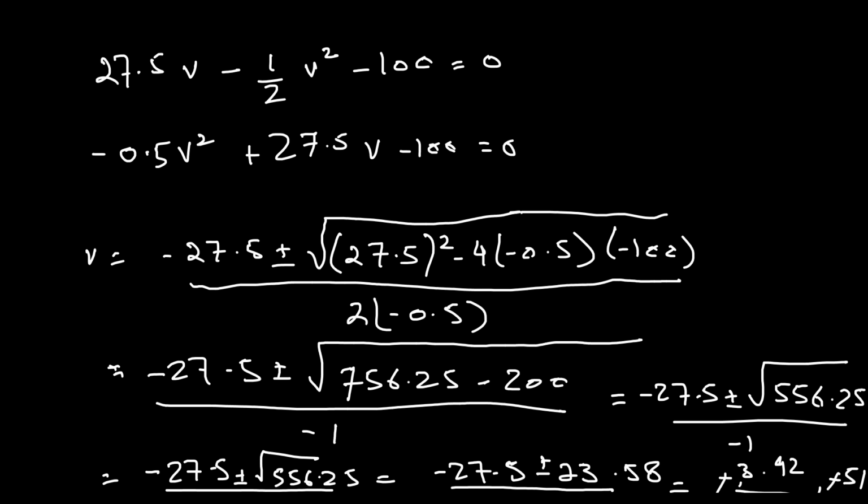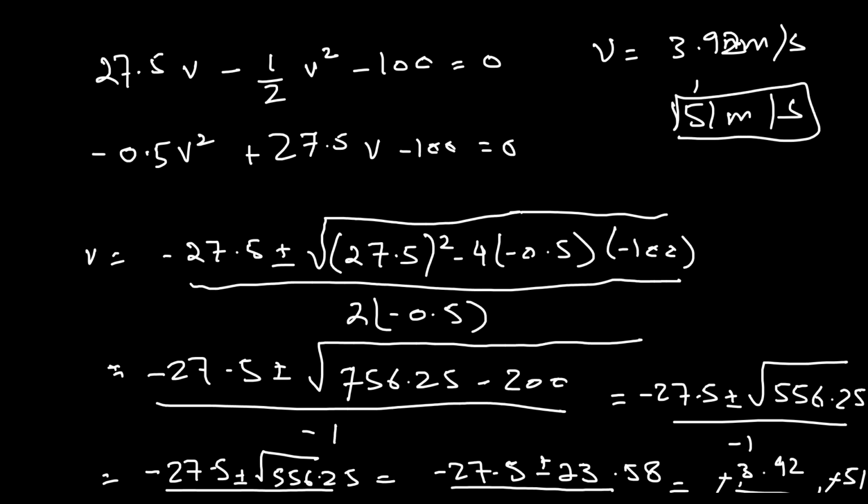So it will give us two solutions to this problem, 3.92 and 51. So this velocity will have two possible values, 3.92 meters per second and 51 meters per second. We will ignore this value because in our original problem, as you can see, let me go to my previous slide.